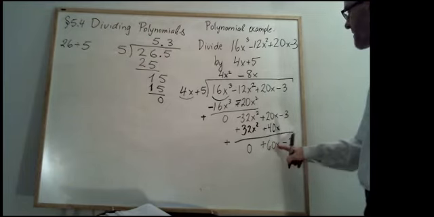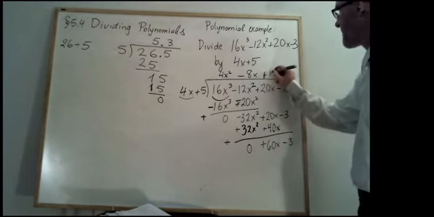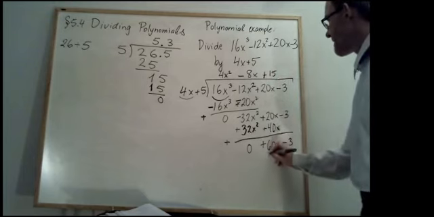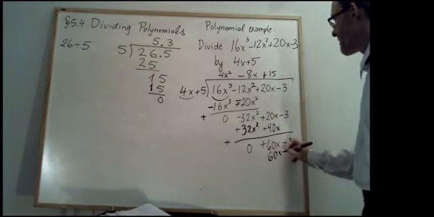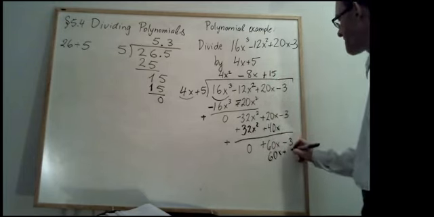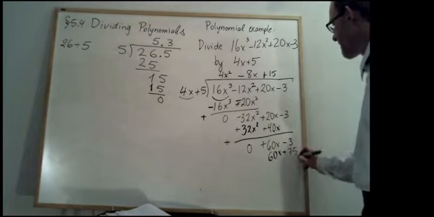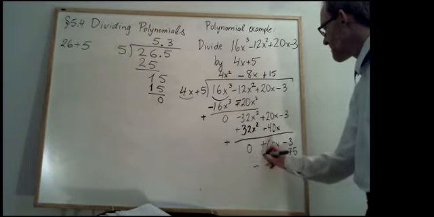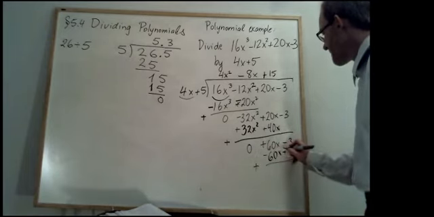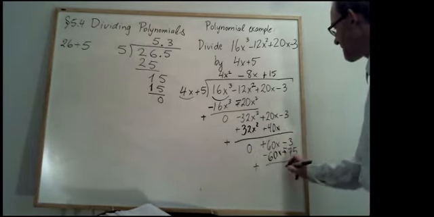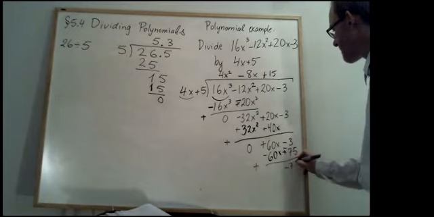So finally, 4 into 60 goes 15 times, so you get a plus 15. That gives you 60x plus 5 times 15, which is 75. Then you subtract that, so this becomes positive, this becomes negative, and then add, and you get minus 78 here.